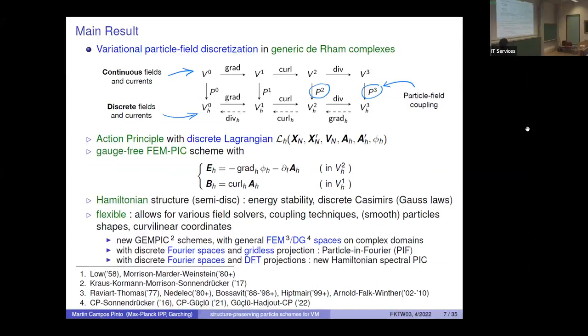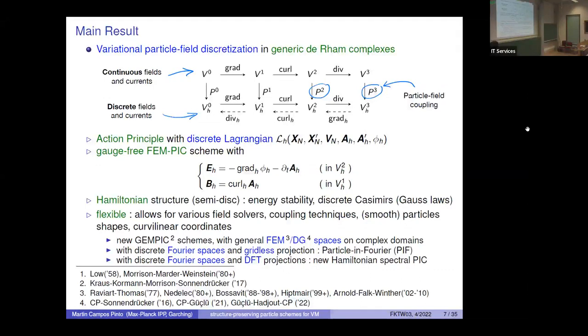And it's a very flexible framework because it's very easy to define these projection operators that commute with the de Rham sequences. So I will describe a few examples. One is a class of GEMPIC schemes. The GEMPIC scheme was the name given to this kind of schemes for a particular choice of finite elements.